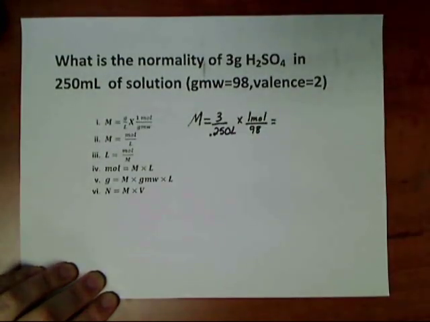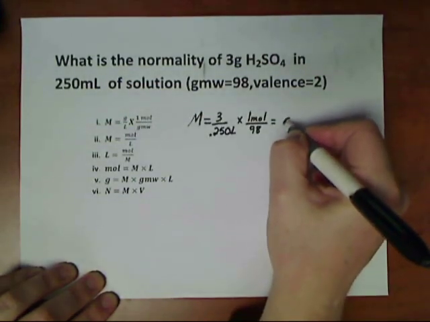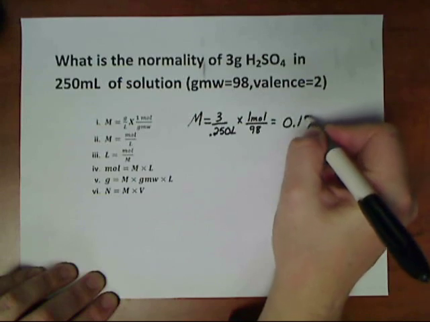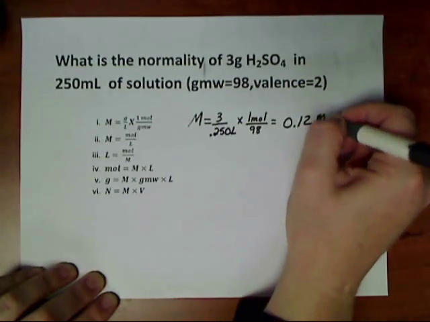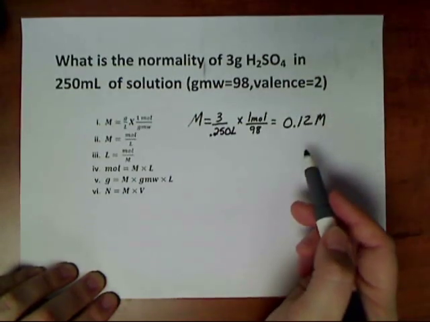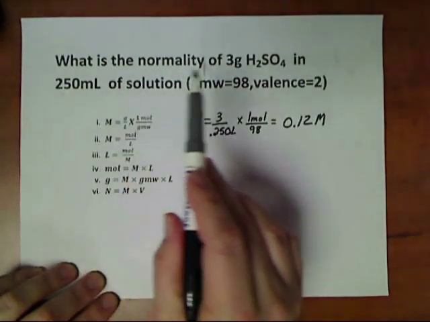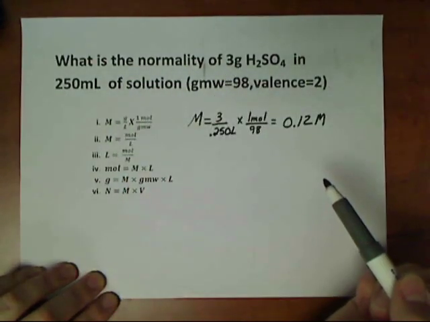When we calculate this, we take 3 divided by 0.250 times 1 divided by 98 gives us 0.12 molar. But we're not done. The question said what is the normality, not what is the molarity.